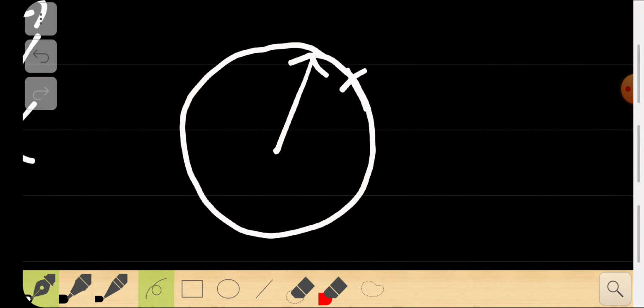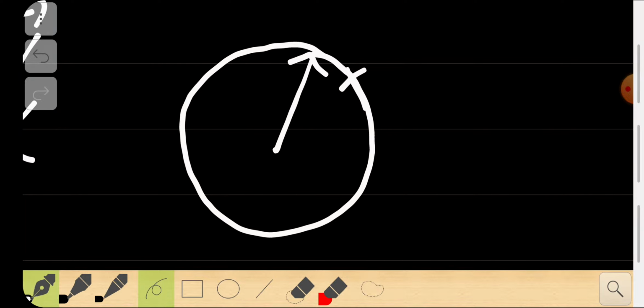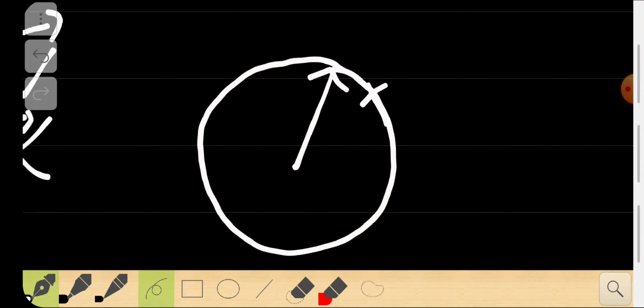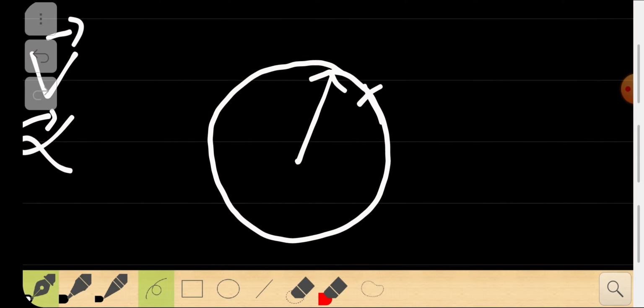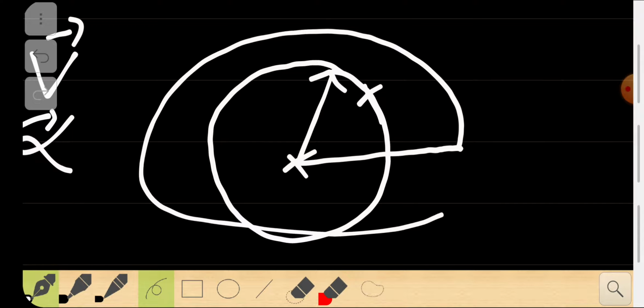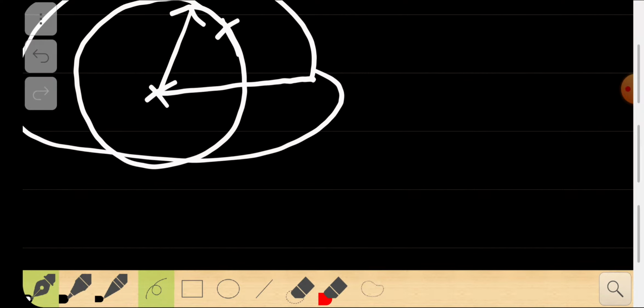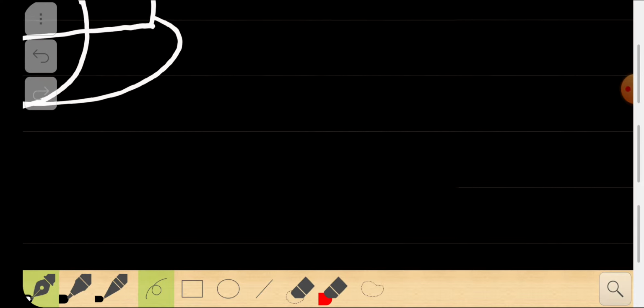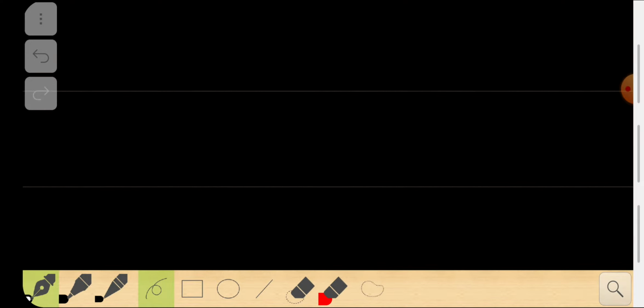So now we need to look at non-circular paths, which are somewhat different from circular paths, where the radius is constantly changing. It could be anything. The radius is also a function of time. I have mentioned that in some part of the lecture, but we haven't done anything based on that.